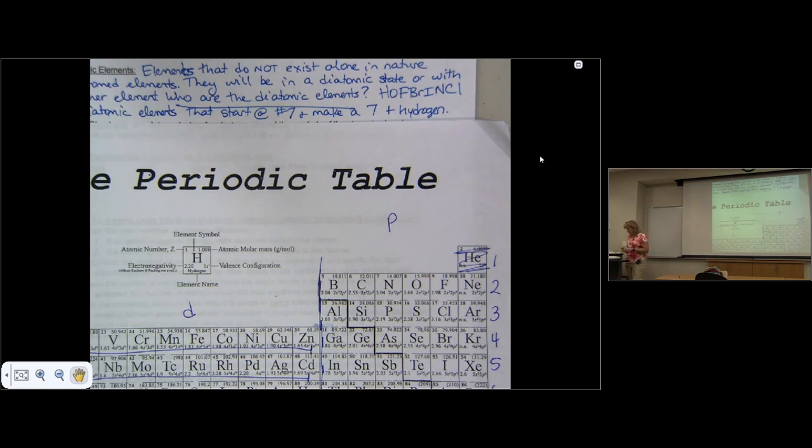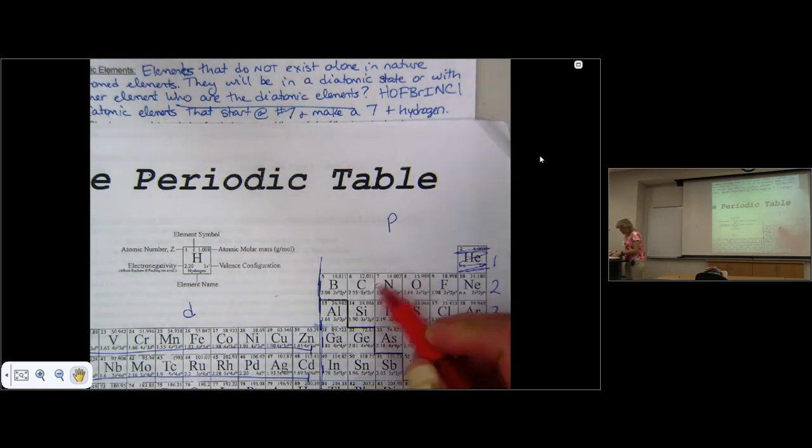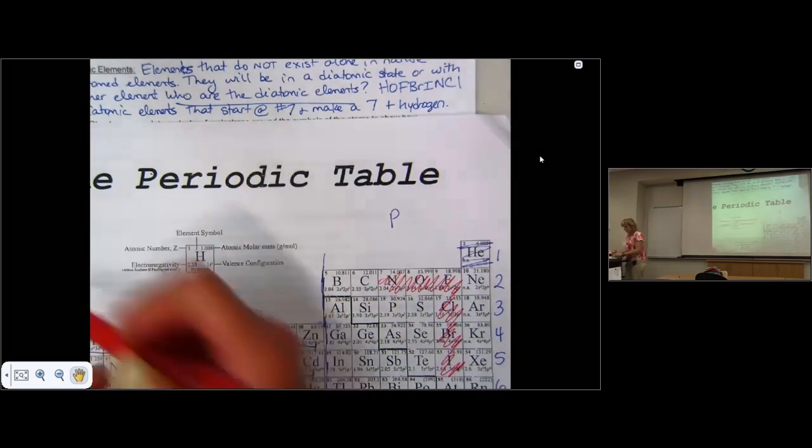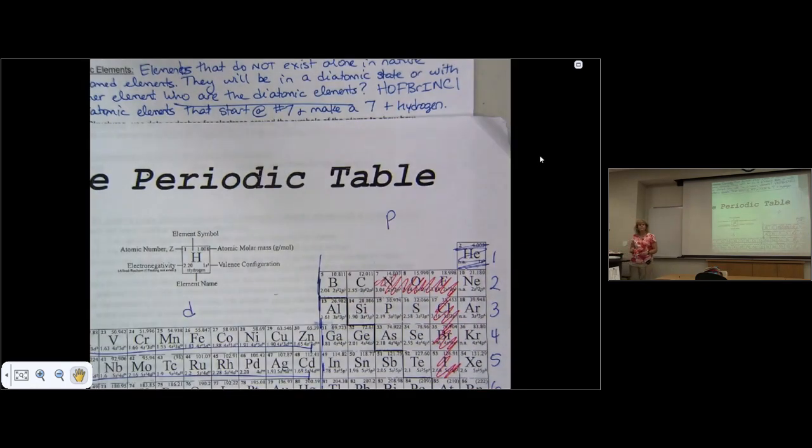Nitrogen, oxygen, fluorine, chlorine, bromine, iodine. Did I just make the 7? And who's the 7th one? Hydrogen. Does that make sense? Now you can't see hydrogen, but I colored it red over there too. Hofbrinkel, 7. Can't make it any clearer, okay?